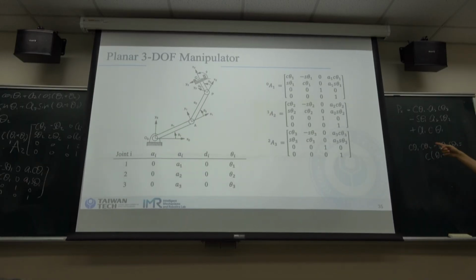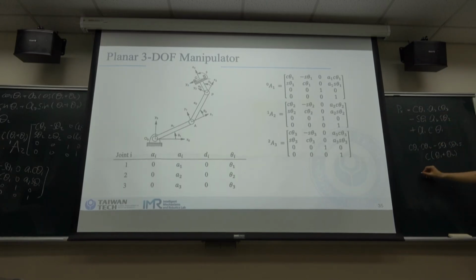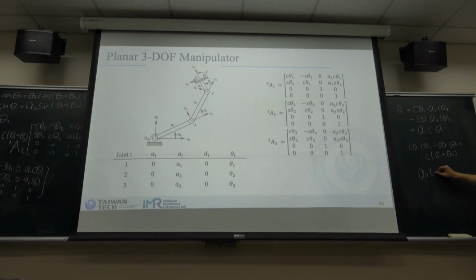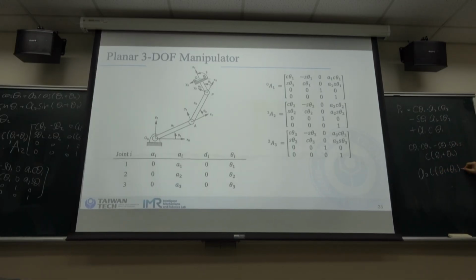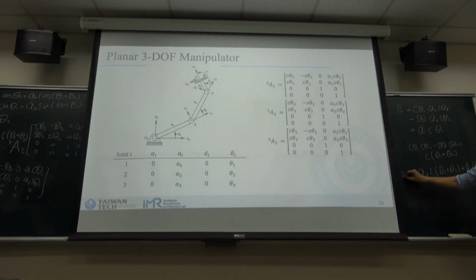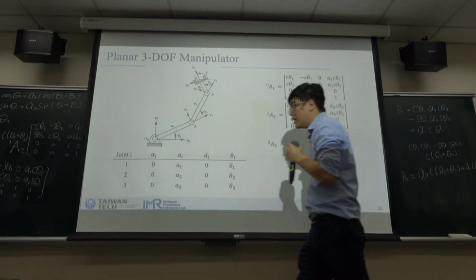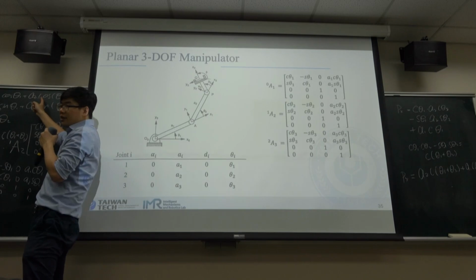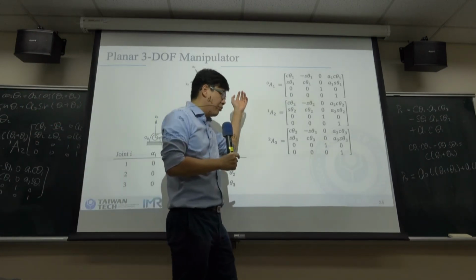So we can change this into a2 cosine theta 1 plus theta 2, plus a1 cosine theta 1. So this is Px, and we get the same answer as the geometry method from the previous slides.